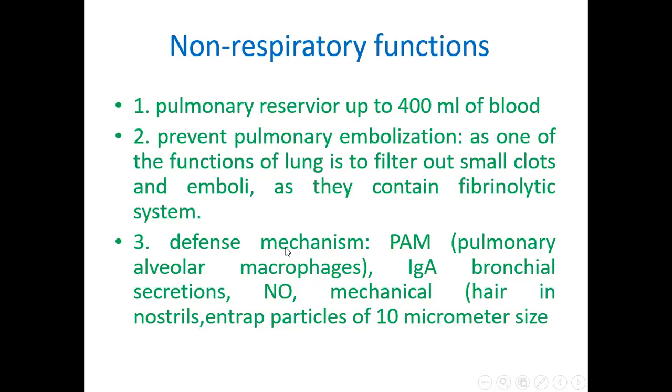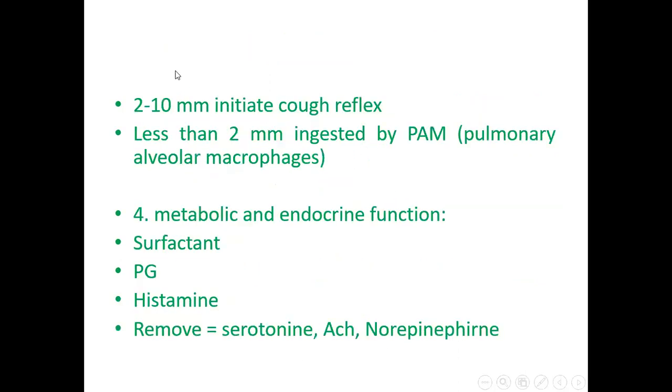Defense mechanism by pulmonary alveolar macrophages, which is an immune function, IgA, bronchial secretions, nitric oxide, and mechanical defense mechanism with the hair in the nostrils, which trap particles of 10 micrometer size. إذا البارتيكل أصغر, 2 to 10 micrometer, initiate cough reflex to be pushed out of the airways. Less than 2 micrometer, handled by pulmonary alveolar macrophages.